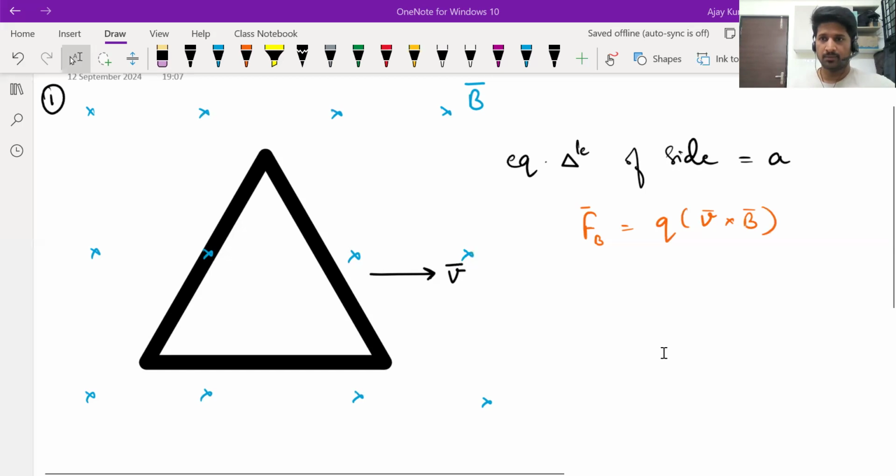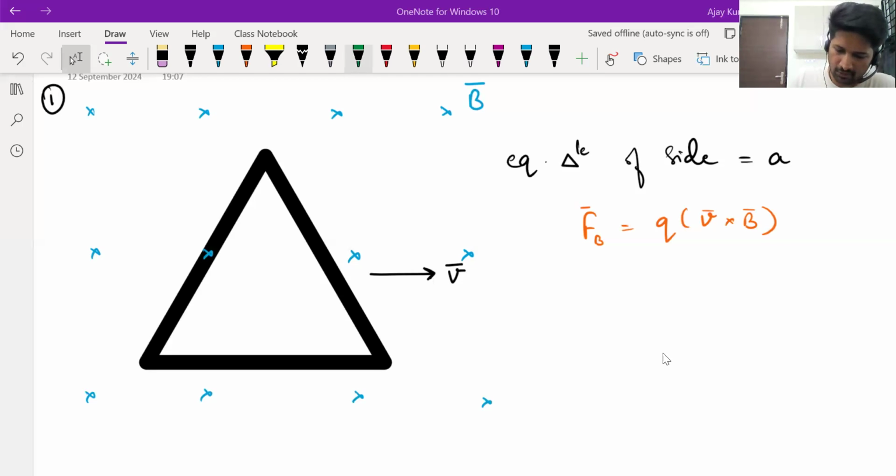And as we just discussed, positive charges experience force in the same direction as V cross B. So effectively what will happen? The positive charges of this ring, some positive charges in this ring, they get deposited here. Actually, positive charges, that is protons, are inside the nucleus. They don't move. Actually, what happens is electrons go away from there.